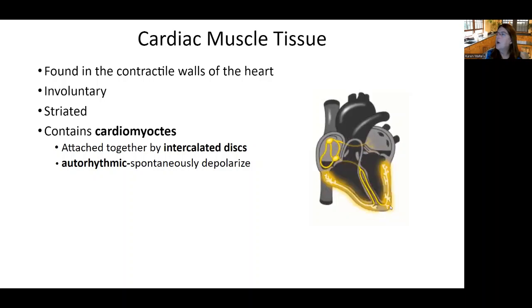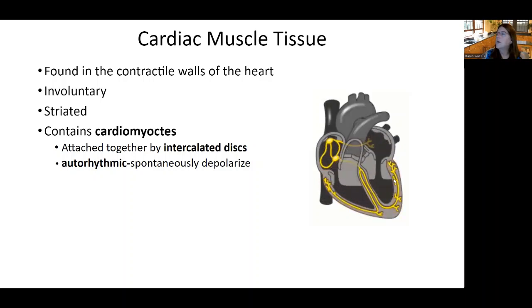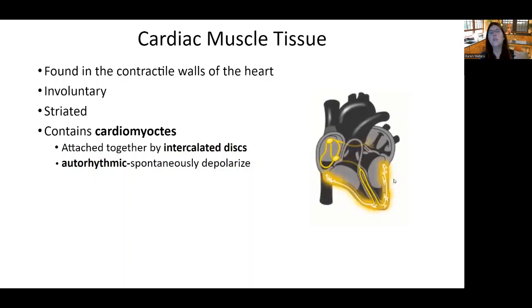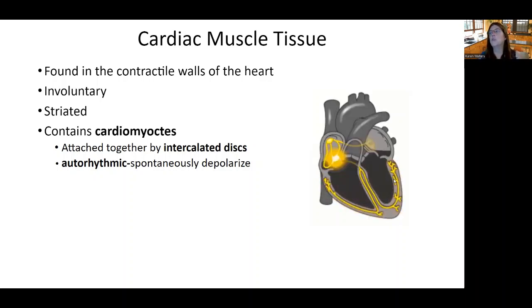The muscle cells of the heart themselves carry that electrical signal. These guys are connected by gap junctions and can electrically talk to one another to coordinate that pumping action.